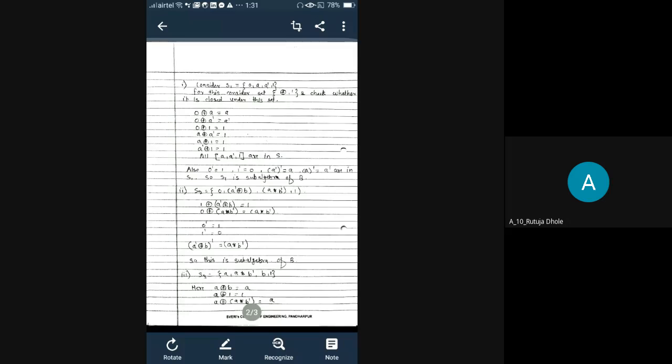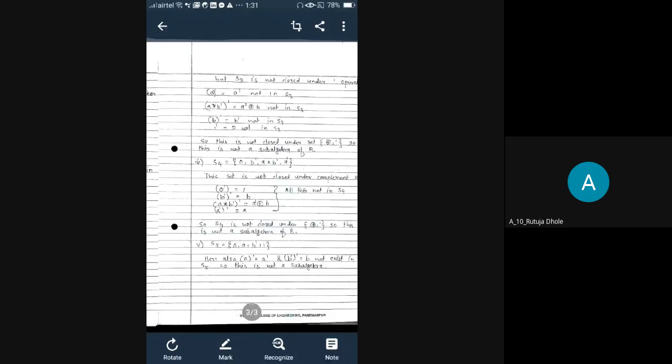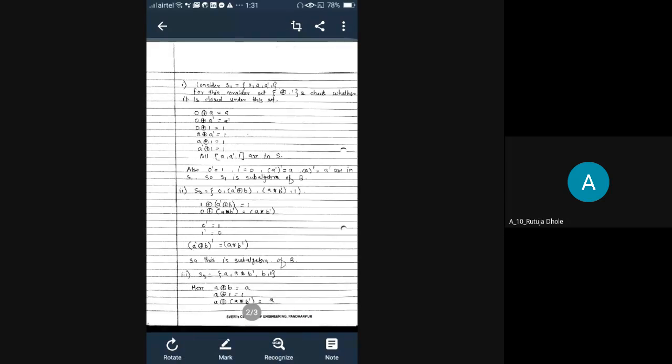Okay. So likewise we have to check whether S2, S3 and S4, S5 are subalgebras. So what have they given for S2? Set S2 is equal to 0, A's complement XOR B, A star B's complement and 1.